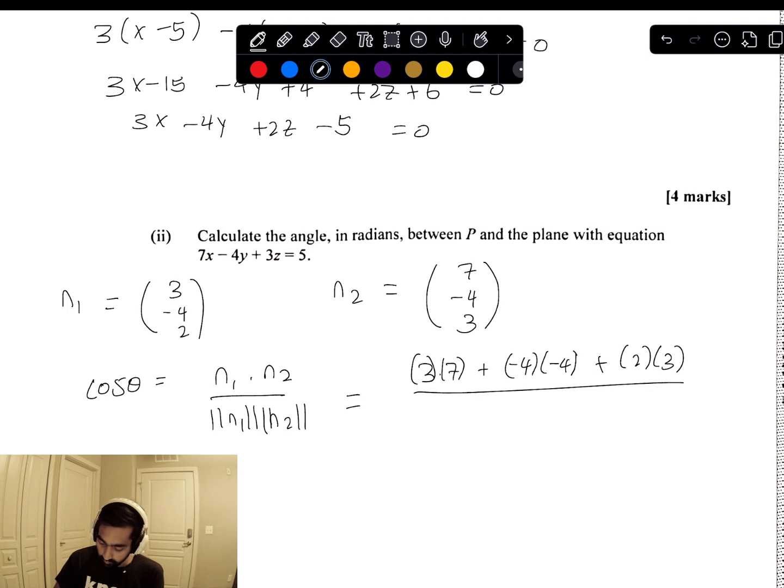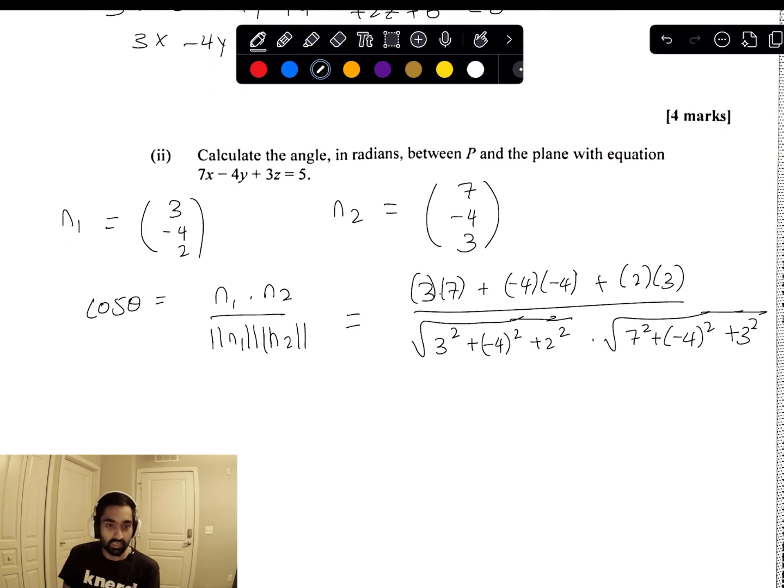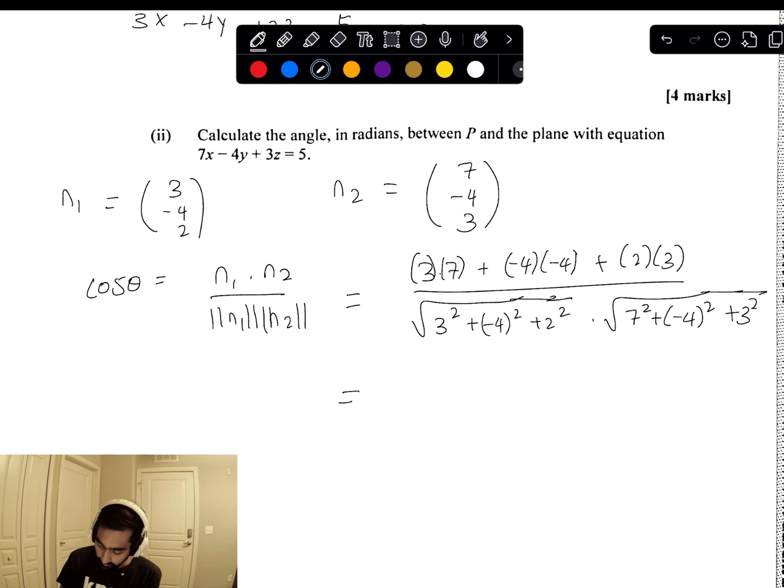To find the absolute value, I take the square root of the sum of all the squares. So for n1, it's the square root of 3 squared plus (-4) squared plus 2 squared, and for n2, it's the square root of 7 squared plus (-4) squared plus 3 squared. When you're doing this, make sure that the minus is inside the square, because it'll change your answer if it's outside the square.